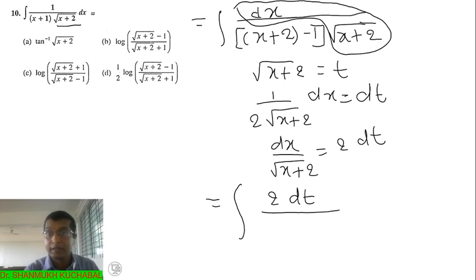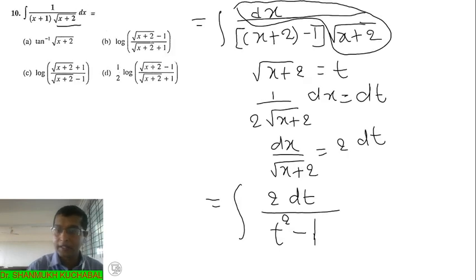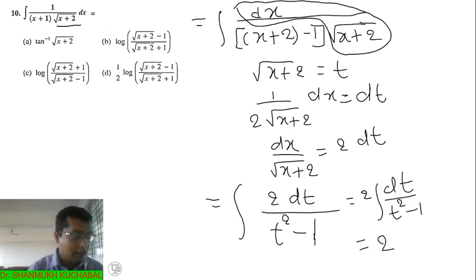If you square it, x plus 2 equals t square, so x can be written as t square minus 2. We take 2 common outside and get dt divided by t square minus 1, with 2 as it is.